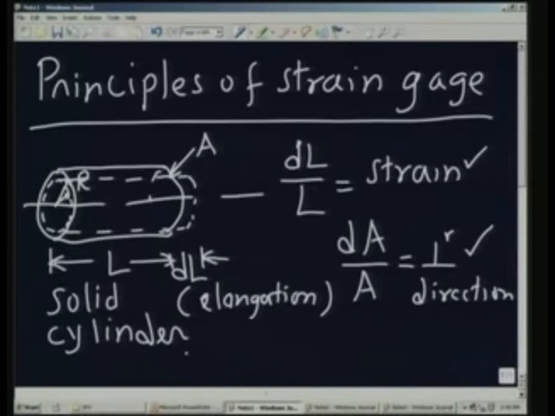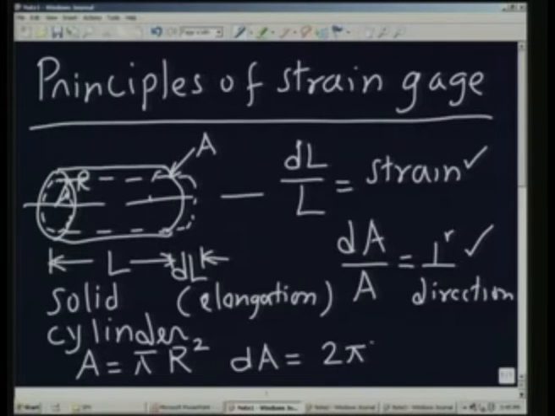Now, I can write the area of cross section A as pi r squared, and therefore, dA equal to 2 pi r dr. I am again assuming very small changes, and therefore, I can even use differentiation to indicate the changes. Okay, dA equal to 2 pi r dr.